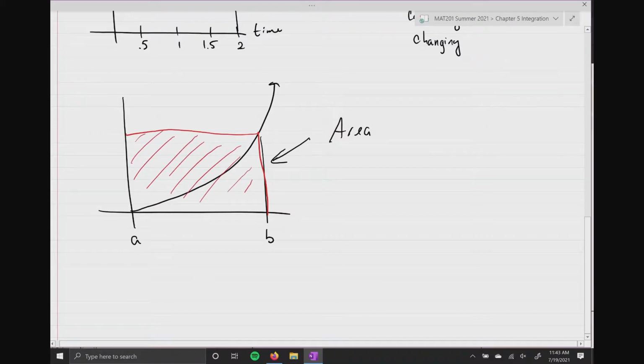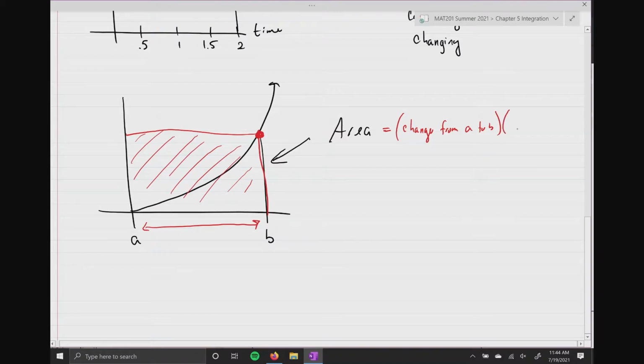But notice, if I wanted to find the area of this rectangle, area would equal the change, or this distance right here between A and B. So I'll call it the change from A to B multiplied by the height of my rectangle, which is right here.